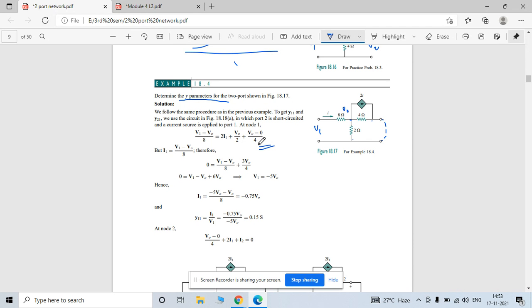Simple KCL equation here, and then proceed by solving this. But here see, I1 is nothing but the difference V1 minus V naught by 8, and you need to find the equation in terms of I1, right? So once you find out V1 and V naught, then you will easily get these parameters.